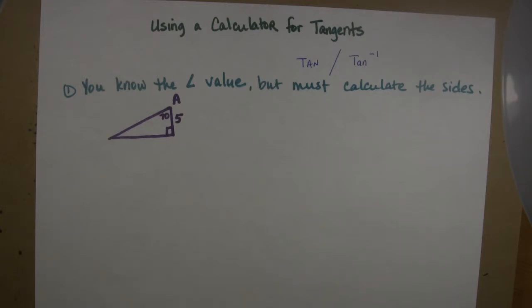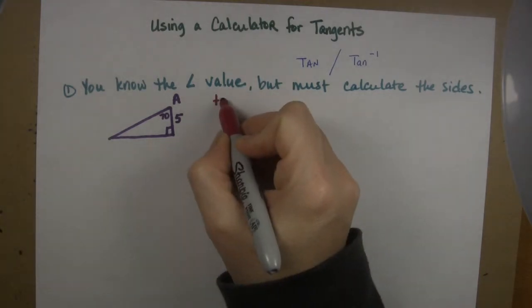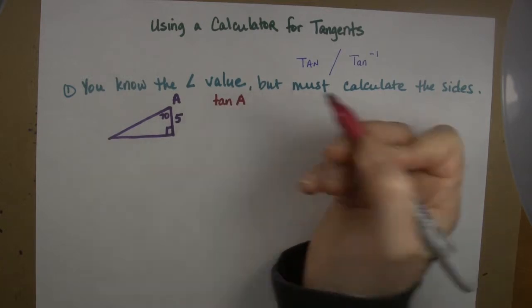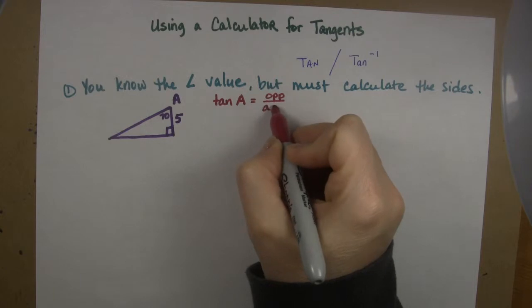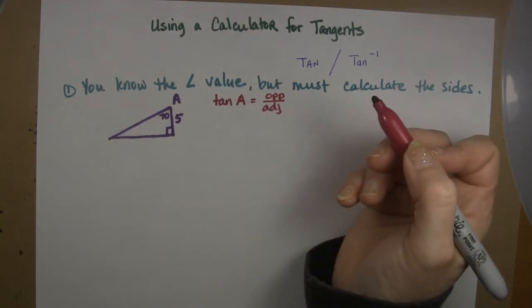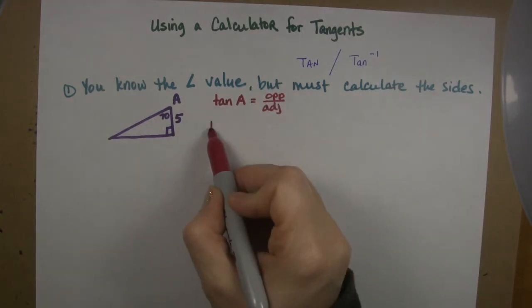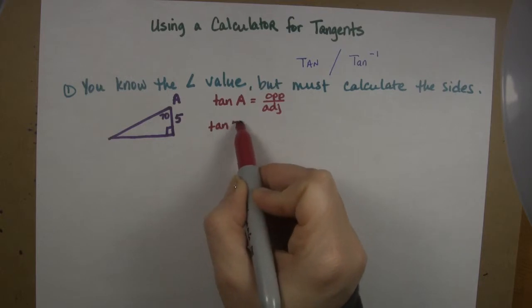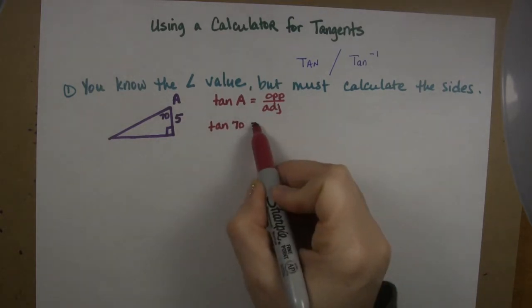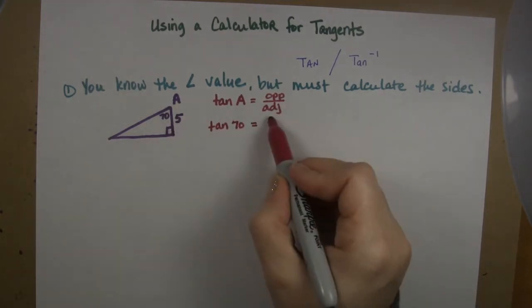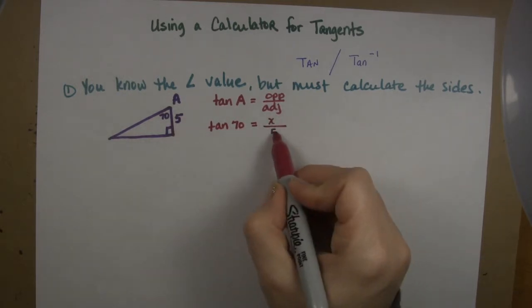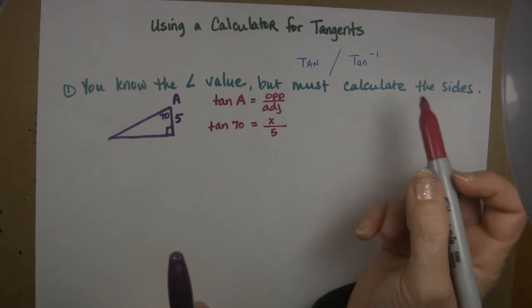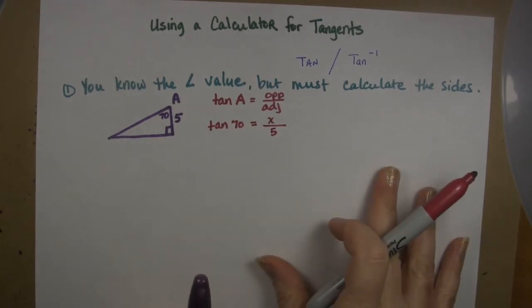I would say, okay, the tangent of A equals opposite over adjacent, right? So the tangent of 70 equals opposite, which is an unknown, so we'll call it x, over the adjacent, which is 5. That's the first thing that you have to do, is you have to set it up properly.